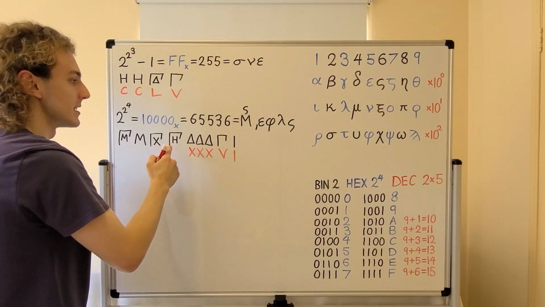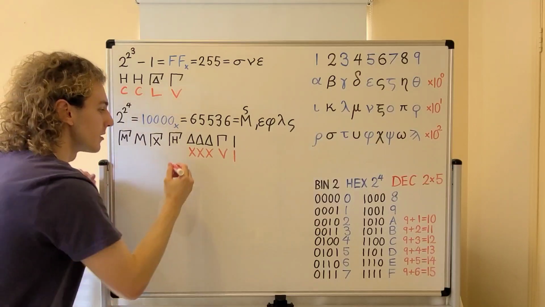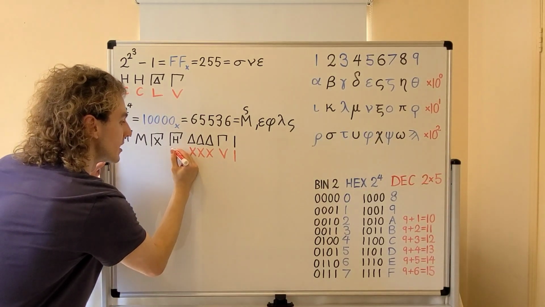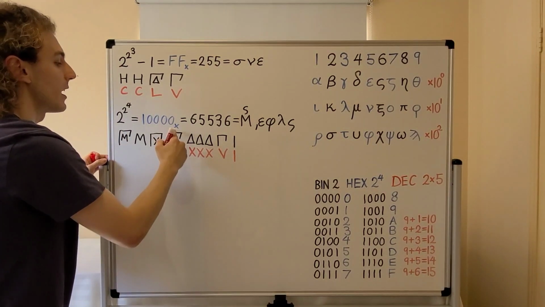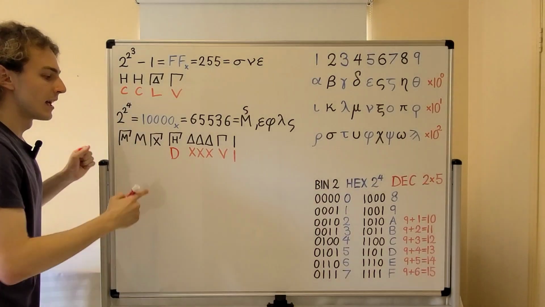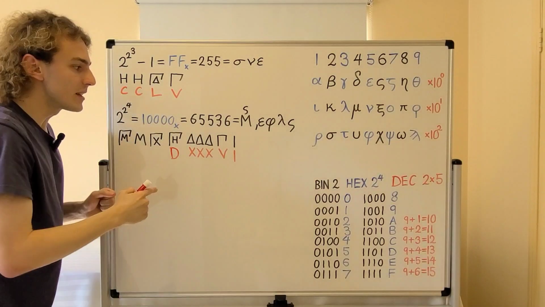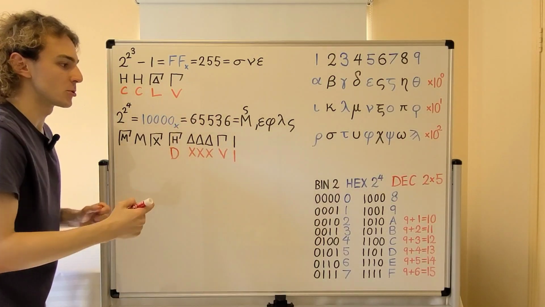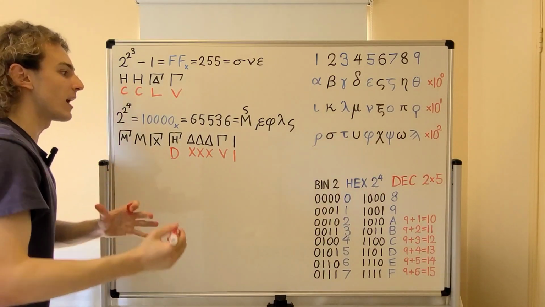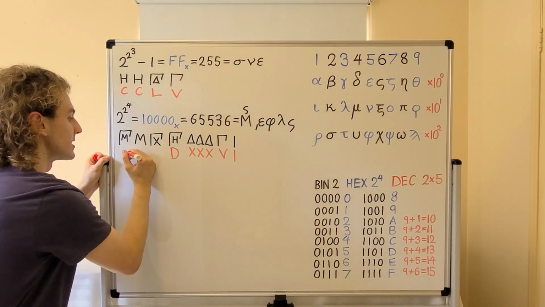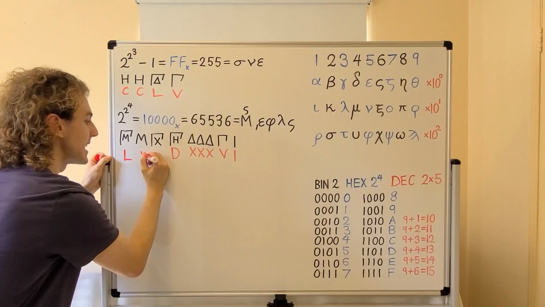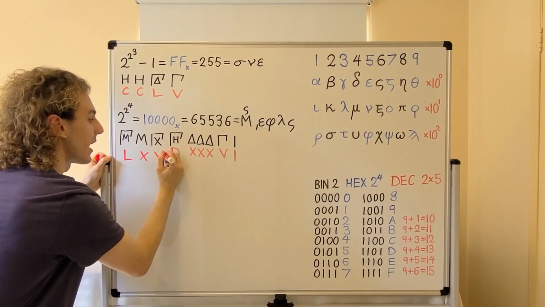Then for this 500, there is a letter, and that is D. D is used in Roman numerals to represent 500. What about these guys over here? Well, we can think of this as 65,000. So we can write this as 65. 65 is the same as 50 plus 10 plus 5.